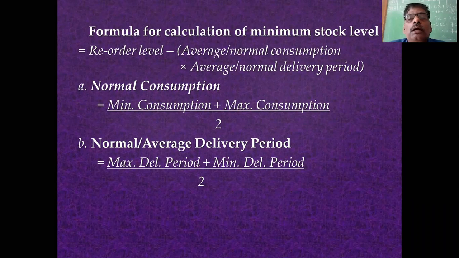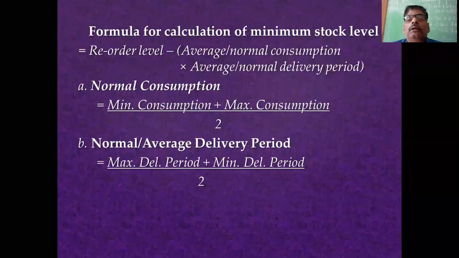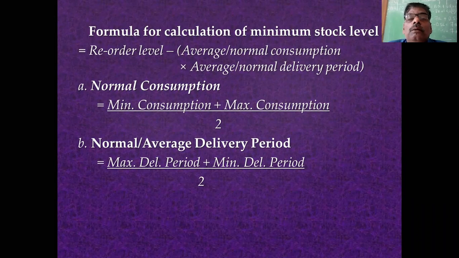For 12 days it is 12 into 250, which is 3000. 3000 is the consumption, and that is to be deducted from the reorder level.